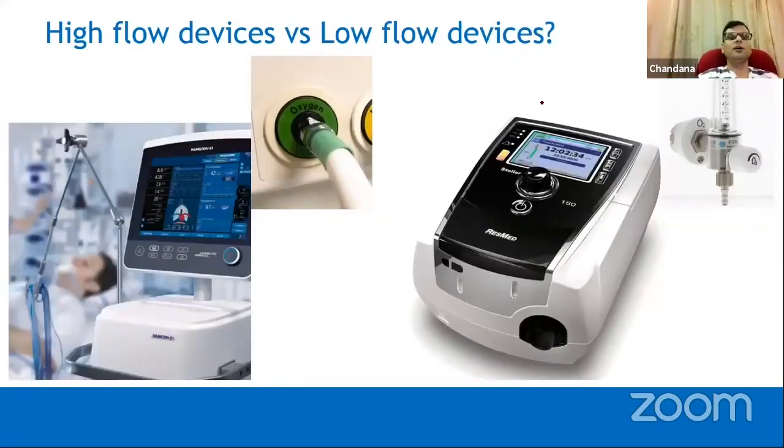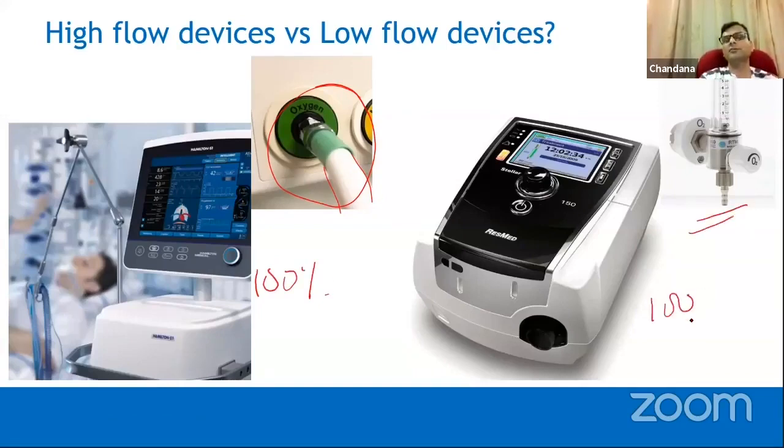When you use a high flow device, as I told you, they are connected to the wall oxygen, or using big tubing to a big cylinder, like a jumbo cylinder. High flow devices can give 100% oxygen. With low flow devices, don't expect 100% oxygen. That is virtually impossible.